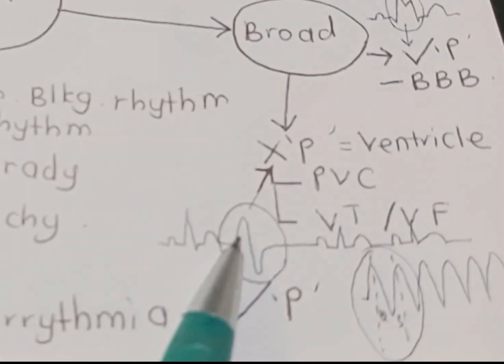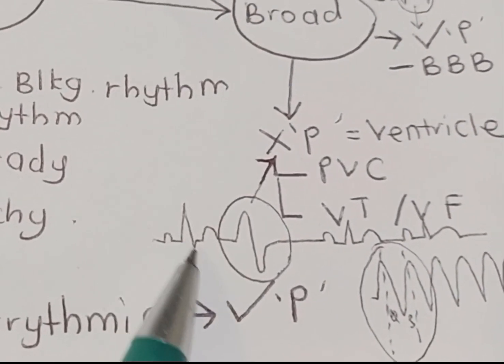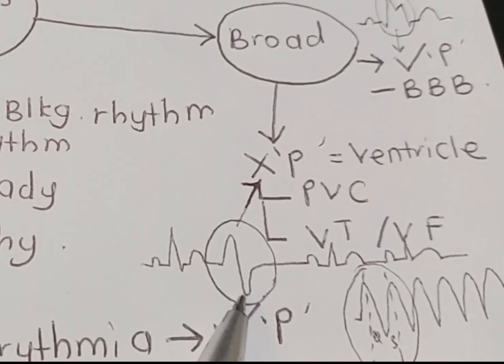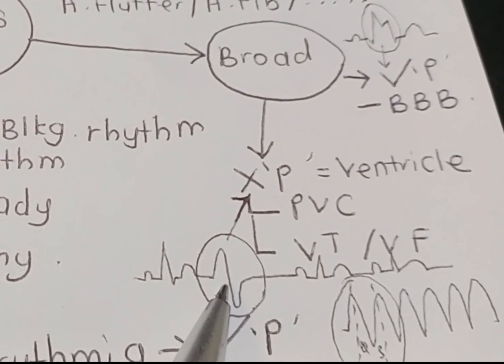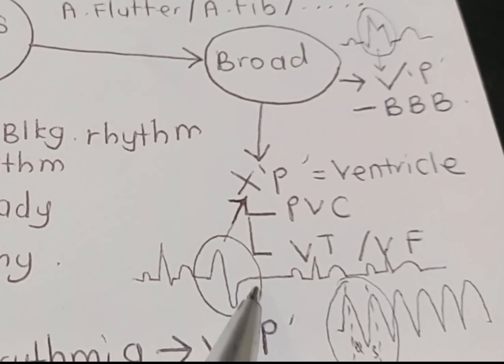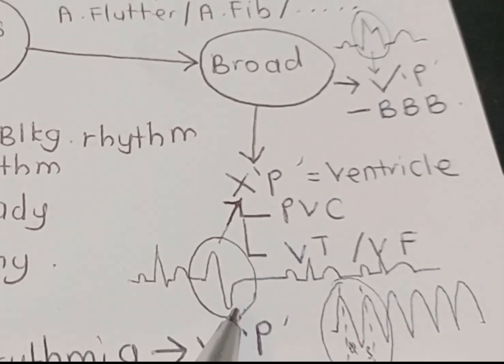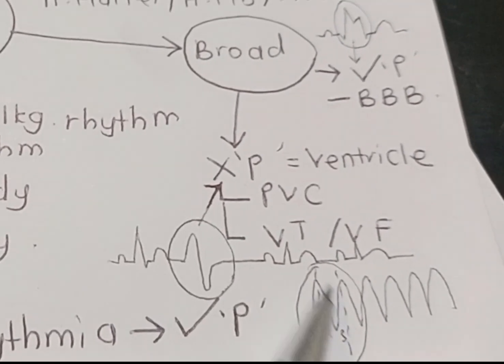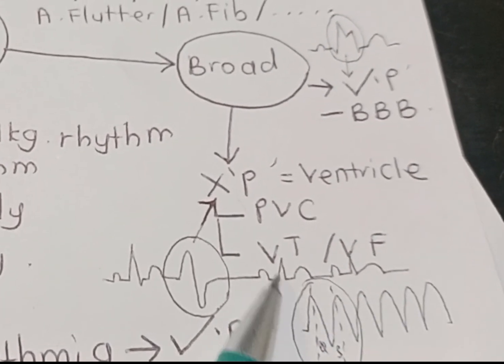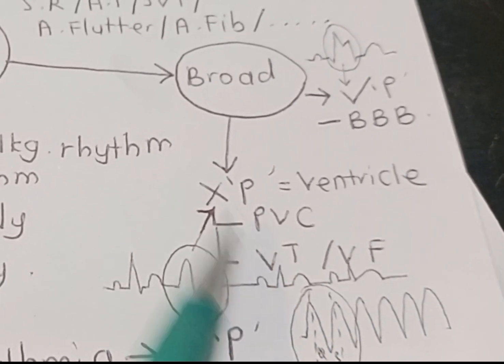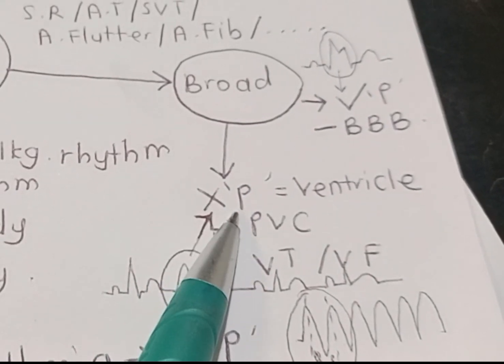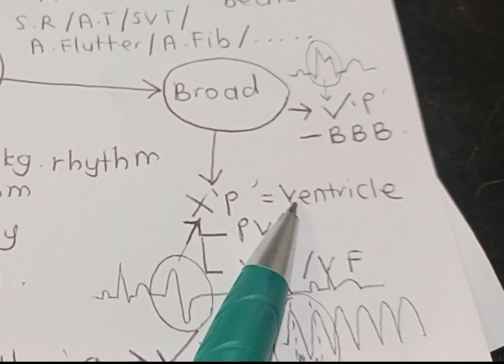It would look like this: PQRST and then the broad QRS comes. There is no P there, and this is a PVC. If we see this PVC coming regularly, this is ventricular tachycardia. Broad QRS, no P, means it is ventricular rhythm.